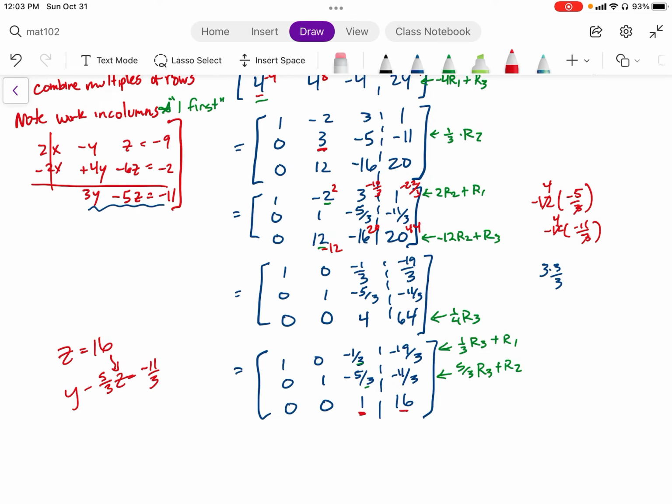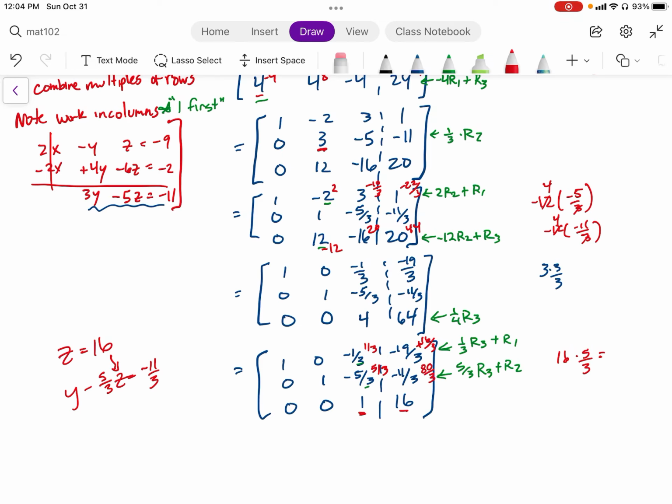So we would have, let's do the top row first, 1 times 1/3, and 16 times 1/3, add 16/3. Okay, 5/3 times 1 is 5/3. 16 multiplied by 5/3 is 80, 80 over 3.